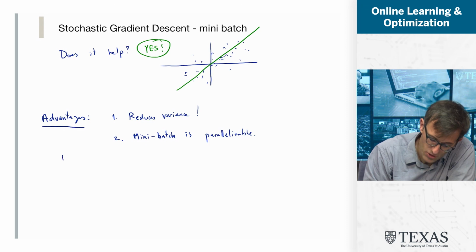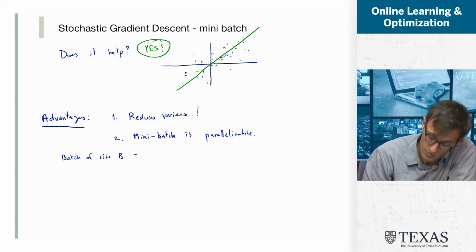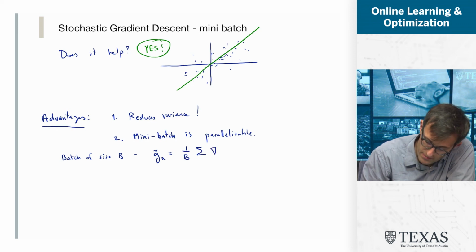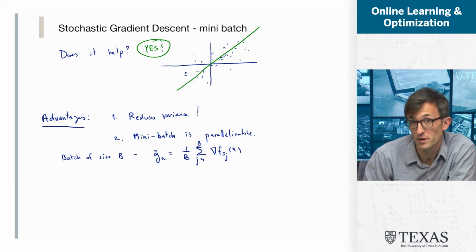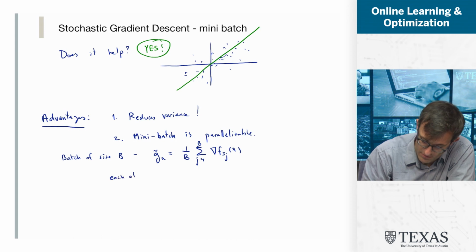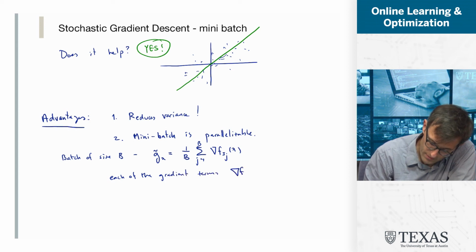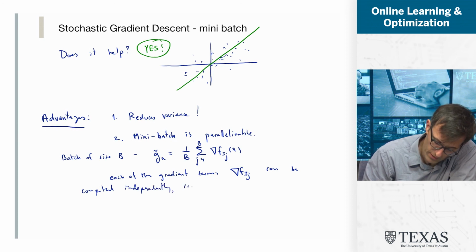Because if I have a batch of size b, what I'm trying to compute, in our notation, g tilde of x, is equal to 1 over b times the sum of the gradient of f_{i_j} of x, and each of these gradient terms can be computed independently. In other words, in parallel.